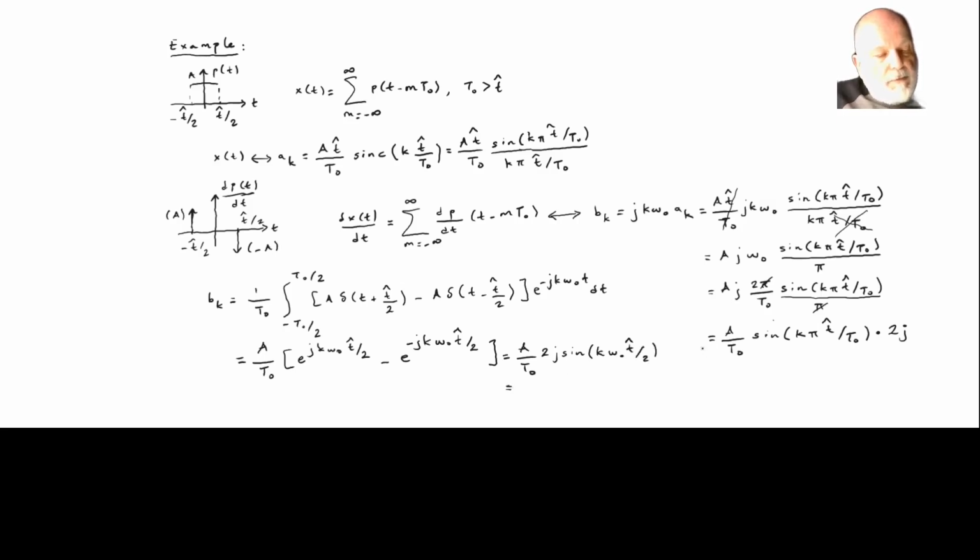Now, just to verify that the two results are equal, we have 2jA divided by t0 times sine of k, and instead of omega 0 we can write 2 pi over t0, then t cap over 2.